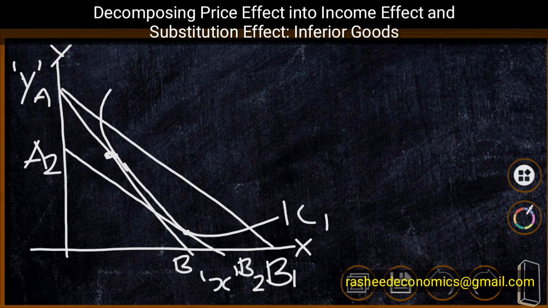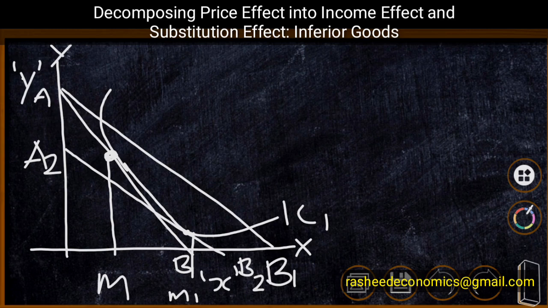Now consumer initially was consuming OM of the commodity, and after compensating variation in income, consumer is consuming OM1 of the commodity. That means here we are having substitution effect MM1.